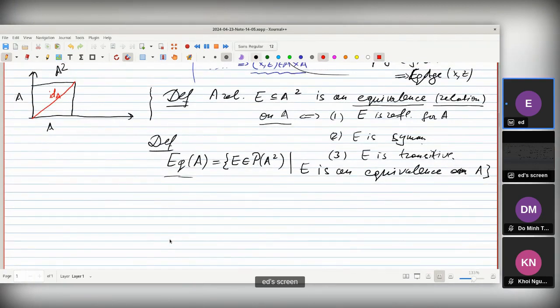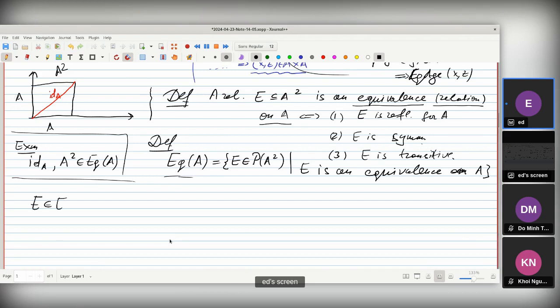And now we know that identity and A squared are always equivalences on A, and moreover, we can see that these are, in a sense, the least possible and the greatest possible equivalences. Look, if E is an equivalence relation, then clearly E is reflexive by definition for A. Hence, the identity relation is a subset of E. So what do we have?